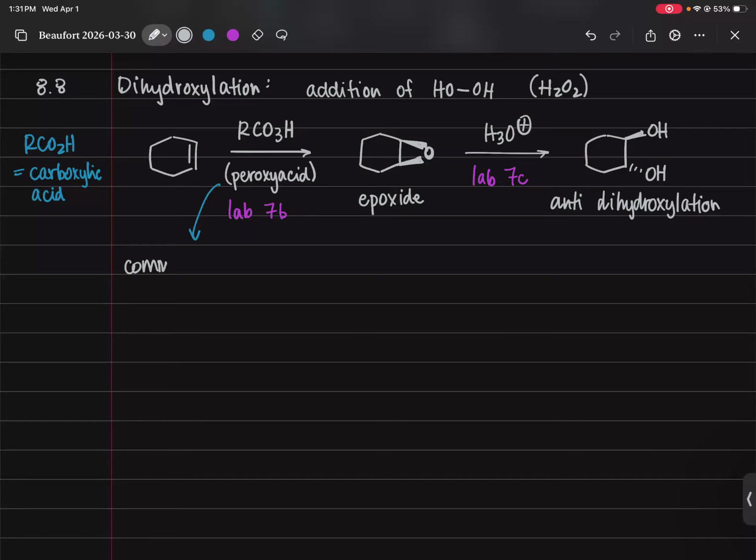But maybe the most common peroxy acid, and the one that we're going to use in lab, is meta-chloroperoxybenzoic acid, also known as MCPBA.